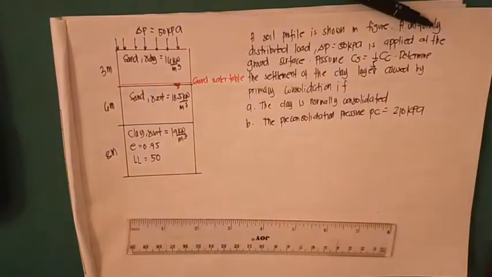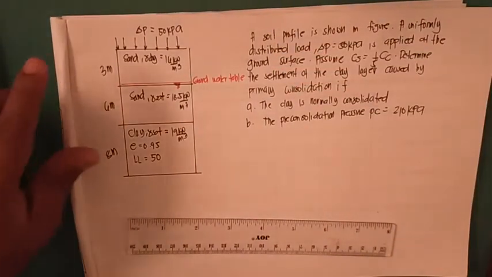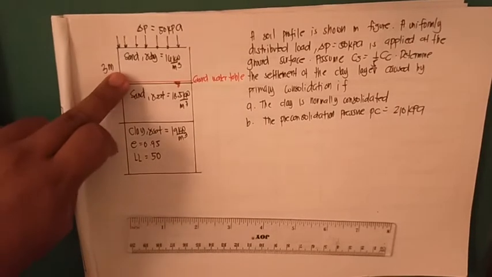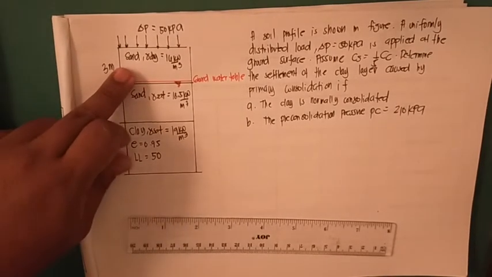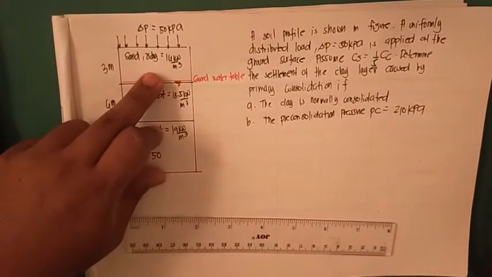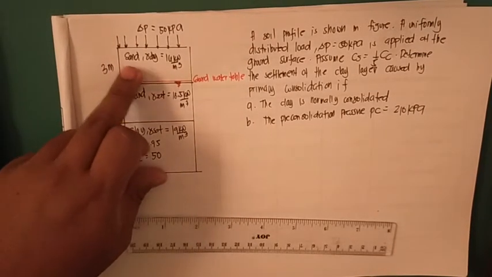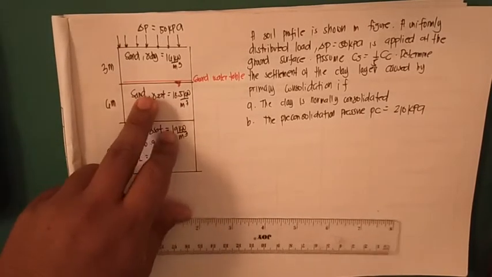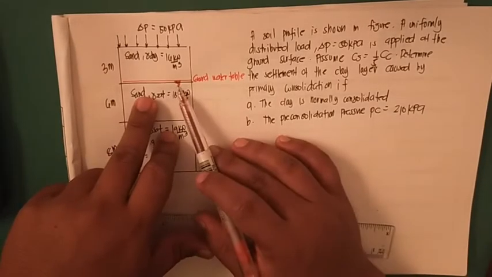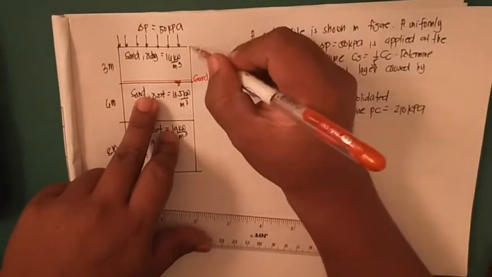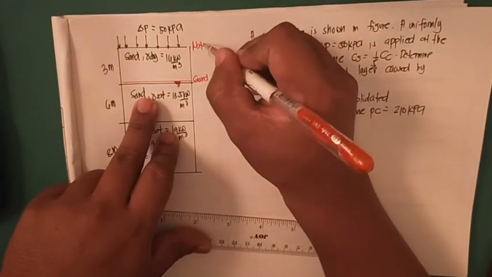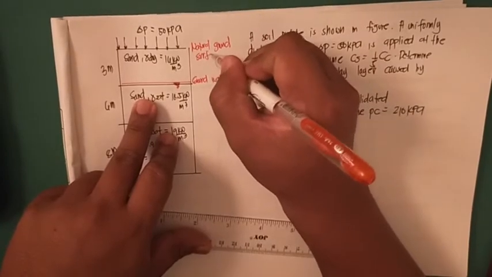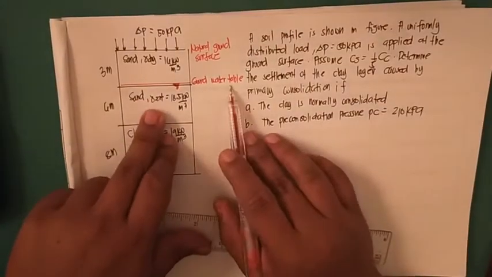Okay, nice problem. So we have here a soil profile having the overburden pressure, or delta P, 50 kPa, with a sand. So gamma dry, sand, gamma dry, 16 kilonewtons per cubic meter, 3 meters depth. And at a certain distance, 3 meters below the natural ground surface, you have here the groundwater table.